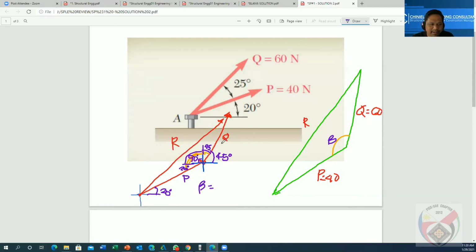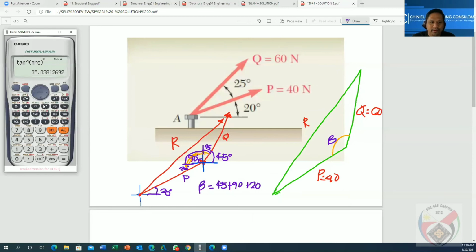Tama ba ako? So beta is 45 plus 90 plus 20. Okay? So 45 plus 90 plus 20 is 155 degrees.